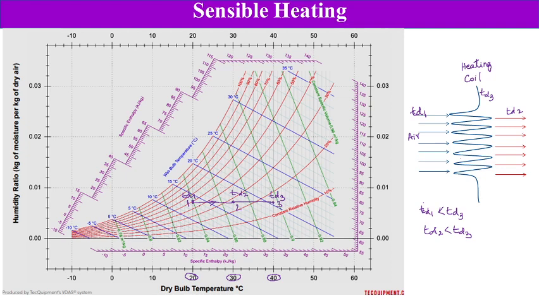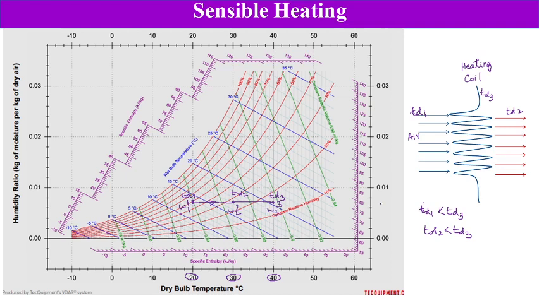Now at the first point, let us consider the humidity, which is known as specific humidity omega: omega 1, omega 2 and omega 3. In these three cases it is going to remain the same.